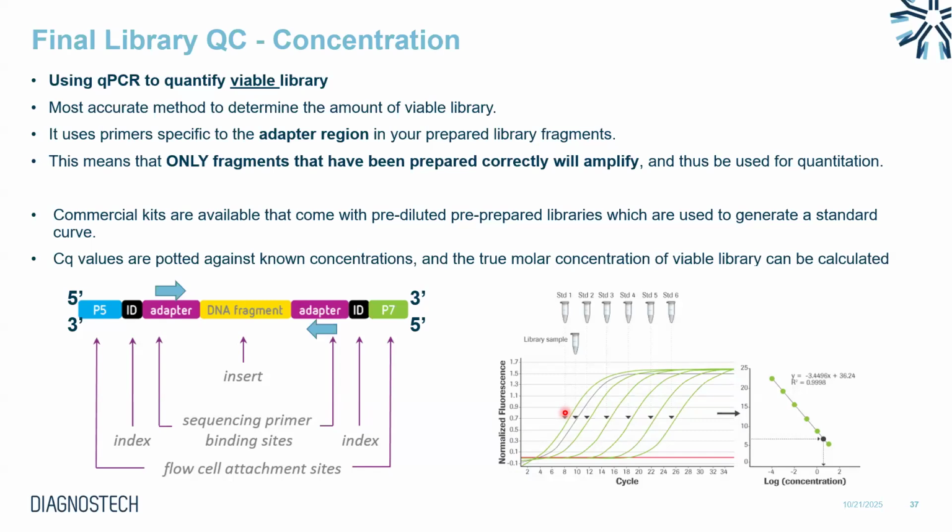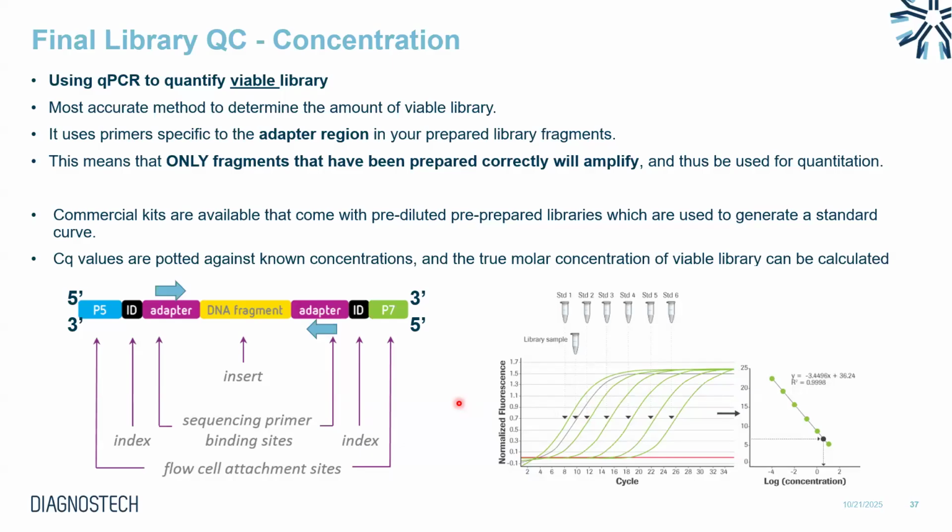So this means that it quantifies only fragments that have been prepared correctly. Once you have become more familiar with your workflow, Qubit can be used, but in the beginning, qPCR is the most accurate.